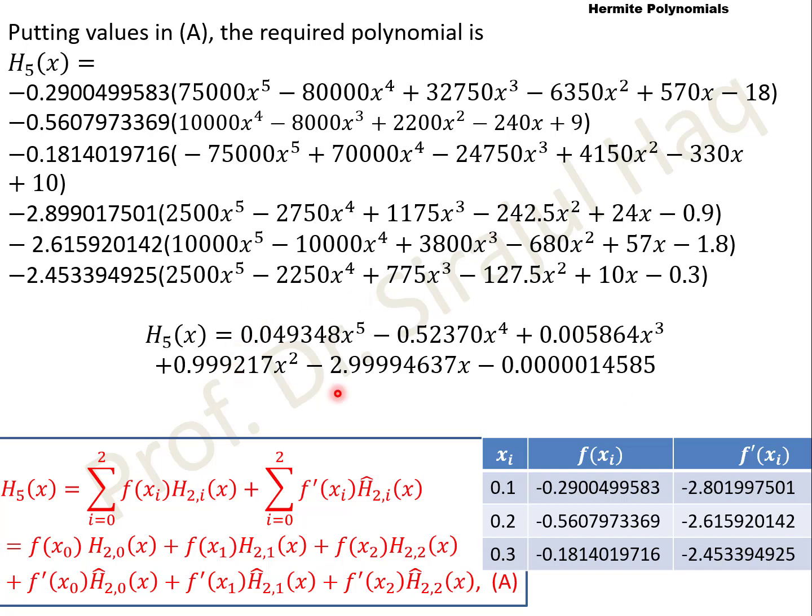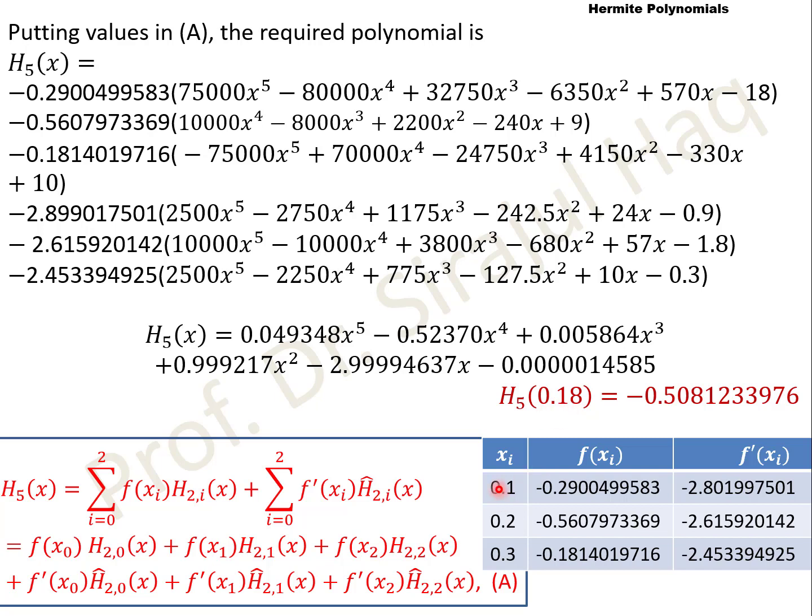Just replace x by that particular value and you can find the value of the function there. But remember, that will be an approximated value. For example, if my interest is the value of the function at x equal to 0.18, then just replace x by 0.18 and you get the approximated value of the function at 0.18.